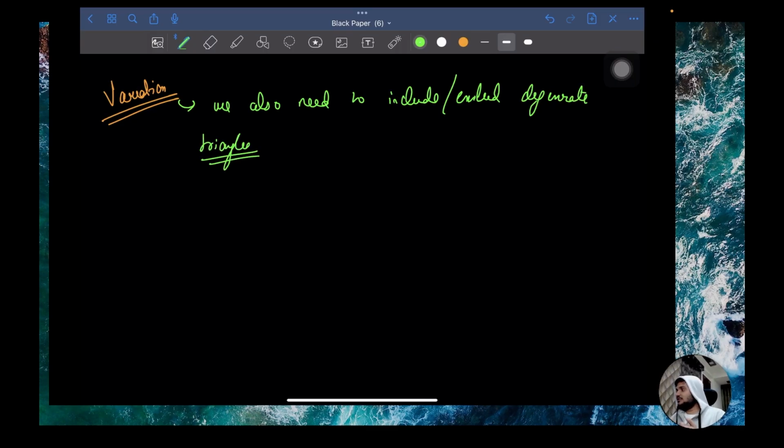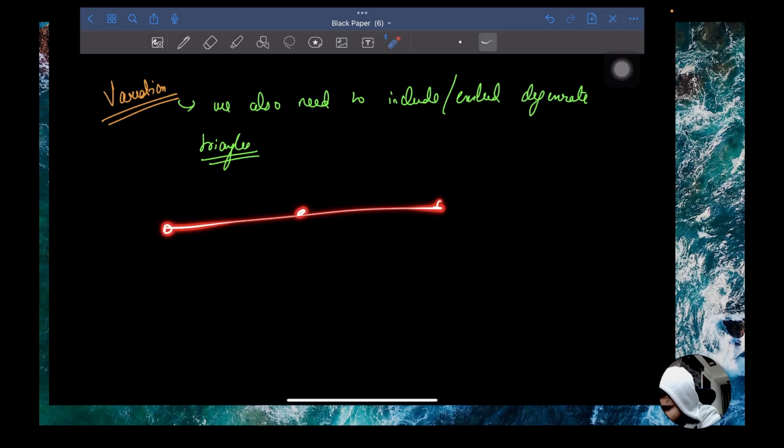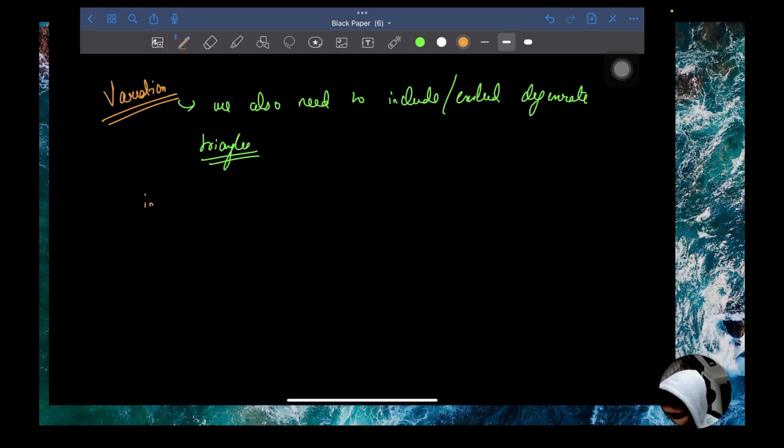There can be a corner case of degenerate triangles. In degenerate triangles, you have a plus b equal to c, right? When the three dots are overlapping, the area of the triangle is actually 0. That's a degenerate triangle.